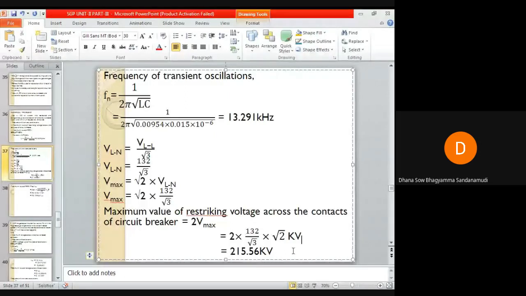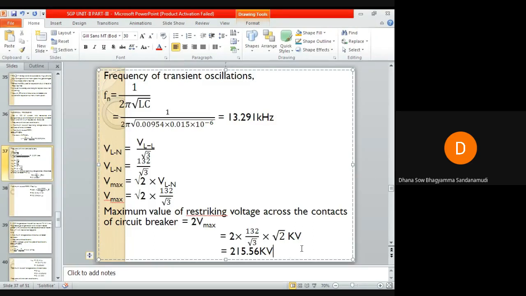If you complete this slide, inform me. In your problem, they asked you to determine the frequency of transient oscillations, which we found to be 13.295 kilohertz, and the maximum value of restriking voltage across the contacts, 2 Vmax, which is 215.56 kilovolts.